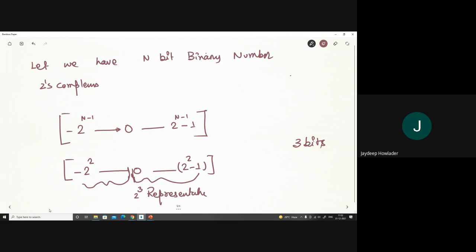The sign will be determined by the most significant position, and the complement is the magnitude. So if the most significant bit is 0, you need not make any complement. If the most significant bit is 1, you have to perform the complement. Get it?